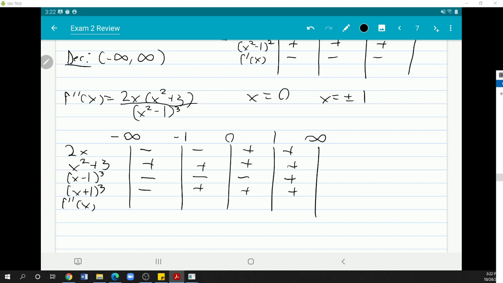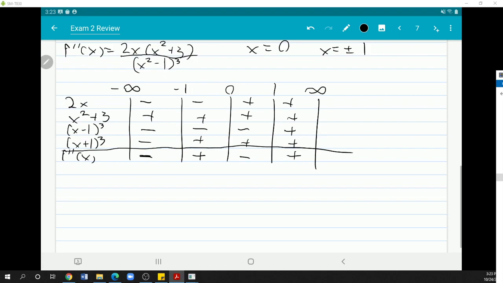And now here, there was some confusion. We count the number of minus signs to determine the final sign, because the idea is you're multiplying this many numbers together. So I have a minus times a minus is a plus, times another minus is a minus here. Here I have a minus times a minus is a plus. Here I have one minus, and then here I have all pluses.